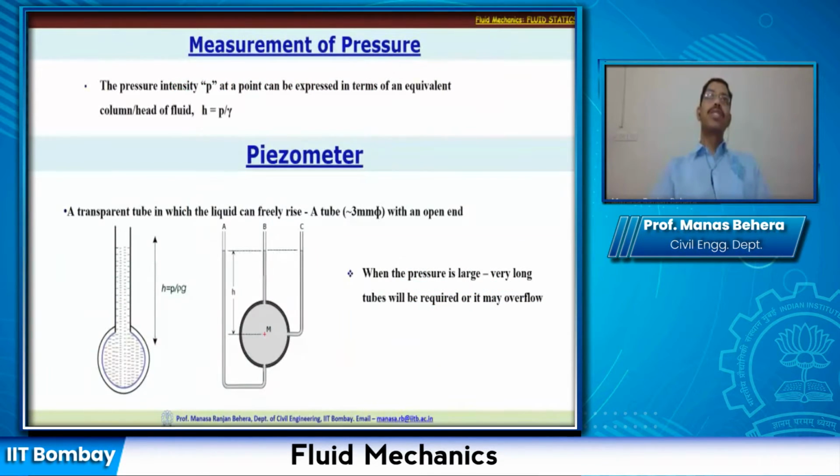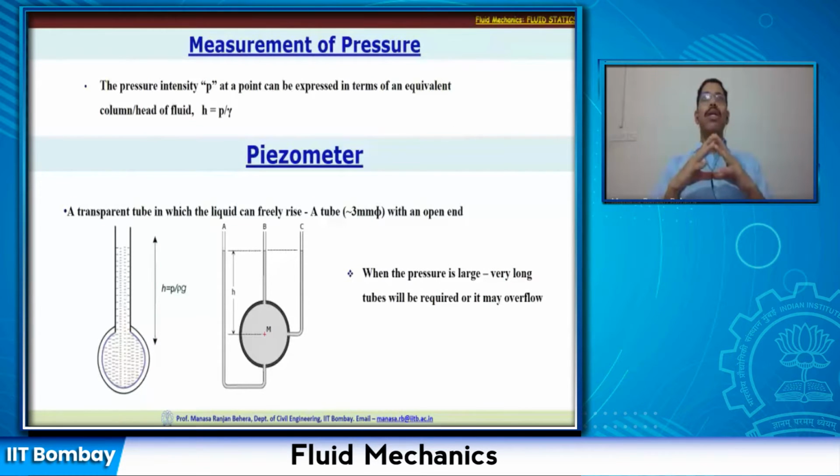Now let us understand how these are measured. These pressures are measured in various ways, but the pressure intensity P at a point can be expressed in terms of an equivalent column of fluid. So I can tell that pressure at this point is X, in Newton per square meter.